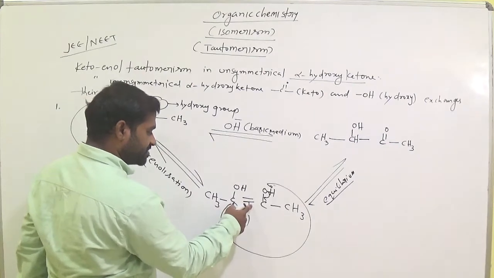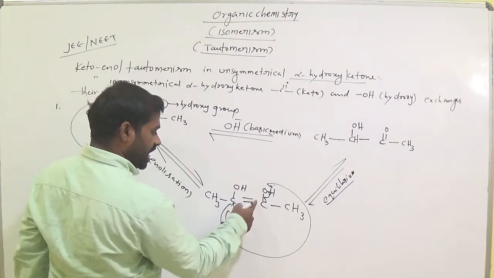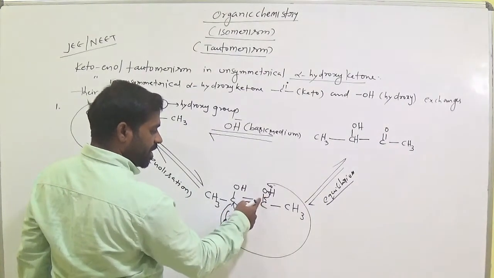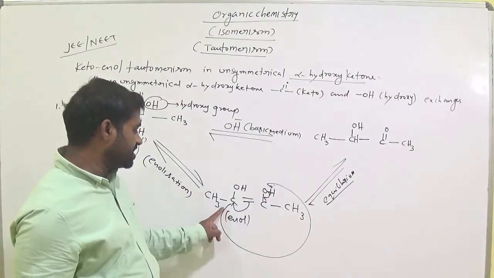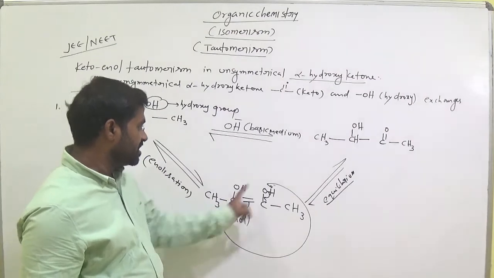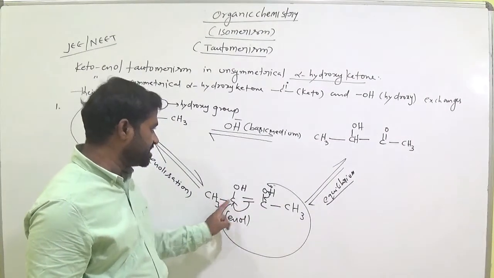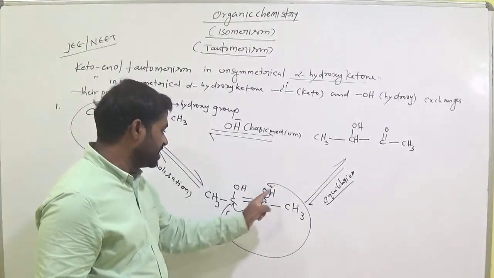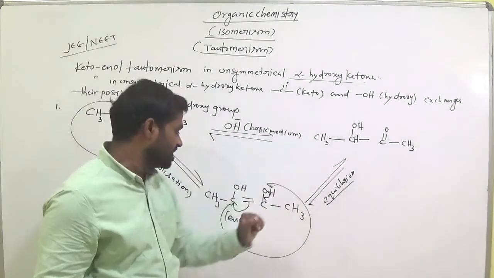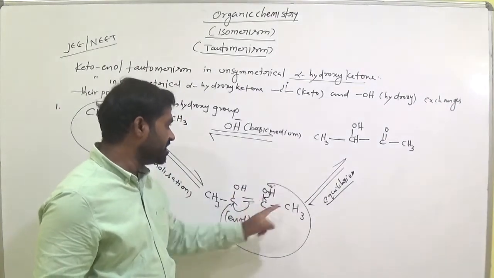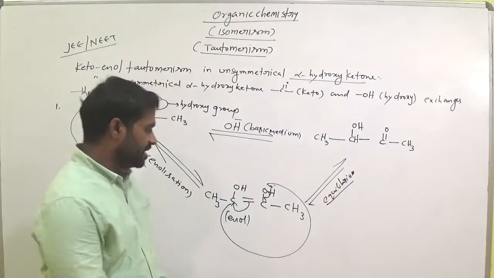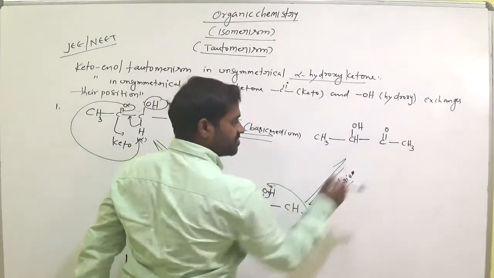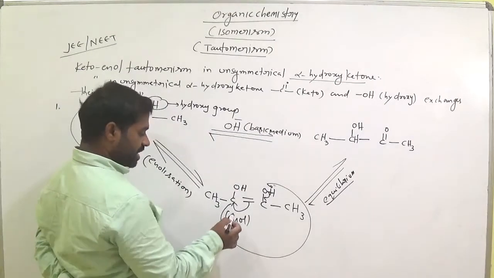One bond is broken down here, and here one new bond is formed between carbon and oxygen. Let's see, CH3, compare these two structures. CH3 bond C, this hydrogen is here, so CH bond OH. One bond is broken down between these two carbons, so it is a single bond here. So from this molecule we get this one by this phenomenon.